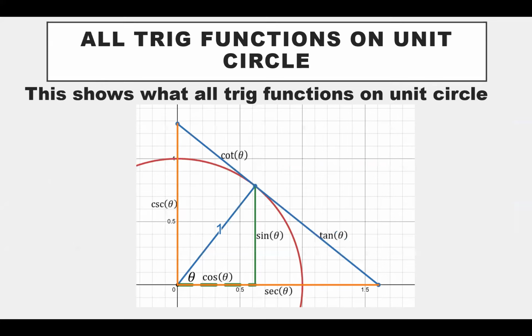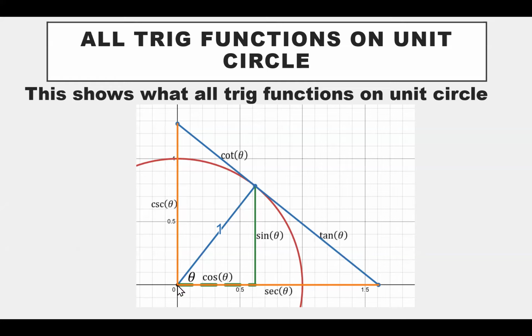So when we put all of those things together on the unit circle, we get this picture. Unit circle says this radius is length 1. The length from the origin along this green line is going to be cosine. The length vertical on that triangle is going to be sine. The length from the origin to this point on the x-axis is secant.